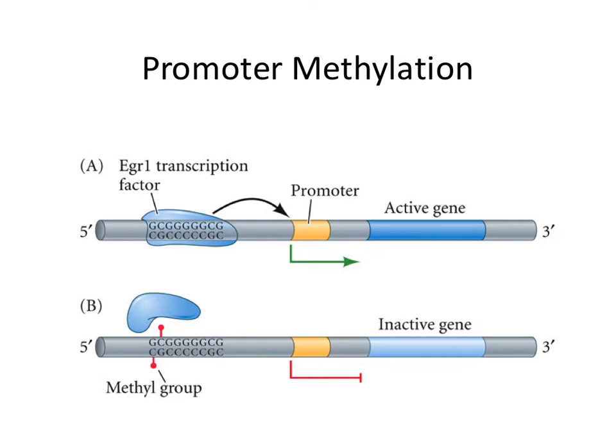So here's a cartoon example. You get methylation of one CpG, one CG dinucleotide down here, and that prevents a transcription factor from recognizing and binding to that sequence. So transcription doesn't occur. I'm slowing down and saying this because I want you to remember this part. Methylation leads to inactivation.